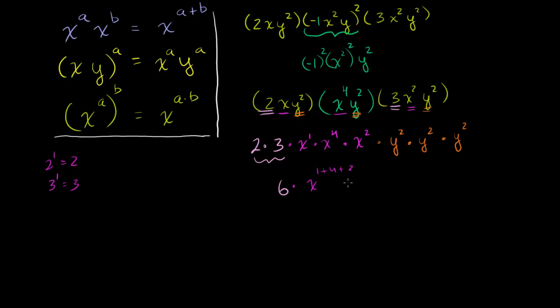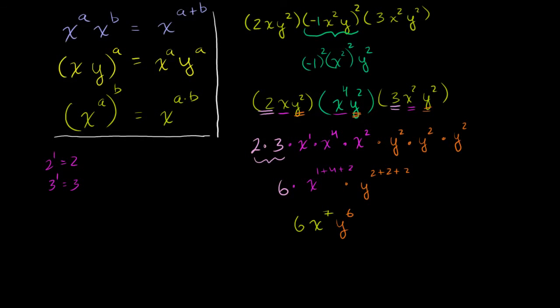And then on the y's, this is times y to the 2 plus 2 plus 2 power. And what does that give us? That gives us 6 x to the 7th power y to the 6th power.